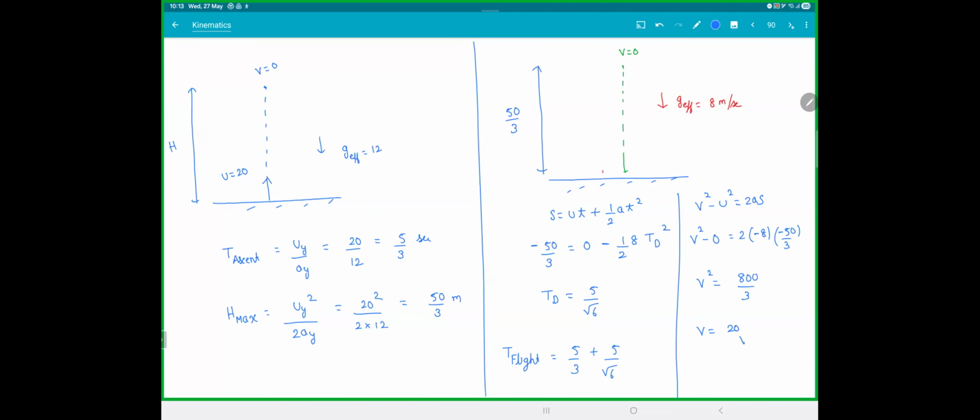That would be 20 root 2 by 3. This is the final speed. See, if there is an air resistance, the system will lose energy. So you can't go and come back with the same speed. Is this clear, everyone?